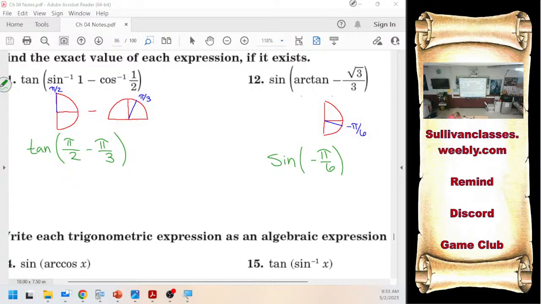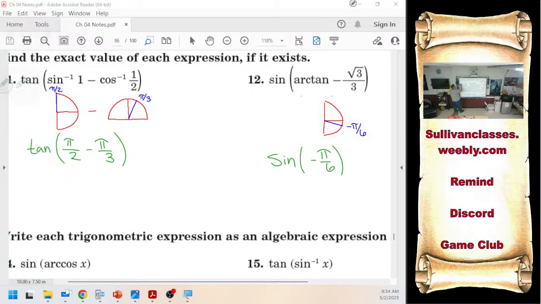Okay. They're just taking it in pieces here. I can do the arc sine of 1. Pi over 2, 90. I can do the arc cosine of 1/2. It's pi over 3, or 60. 90 minus 60 is 30, or pi over 2 minus pi over 3 is pi over 6.